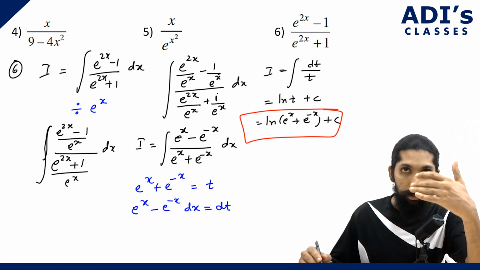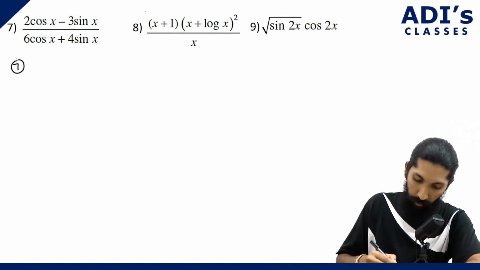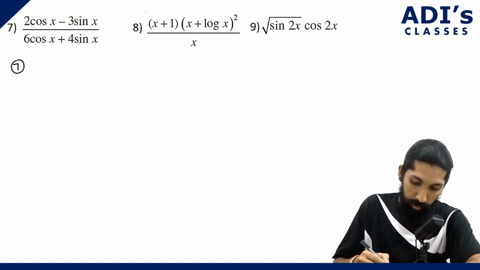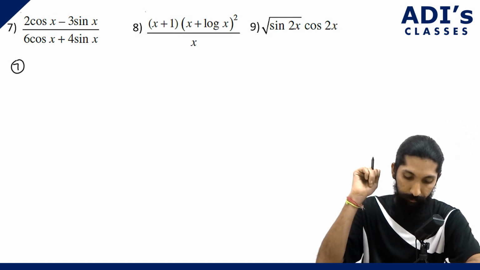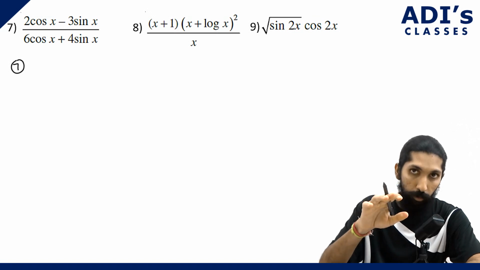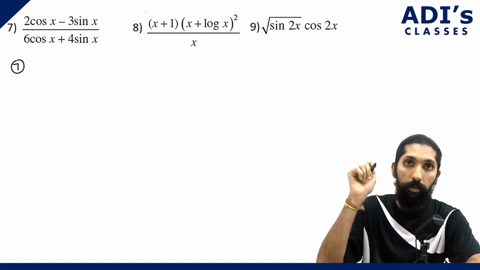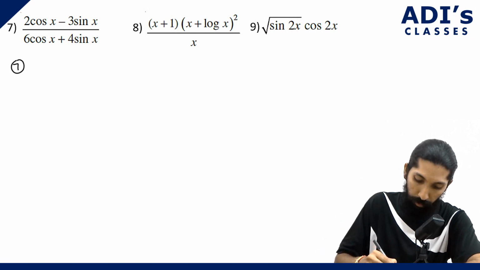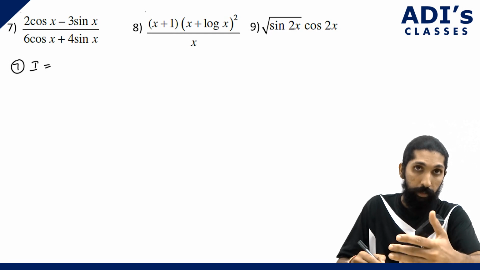Let's do the seventh one now. See the seventh one. See what you have: 2 cos x minus 3 sin x by 6 cos x plus 4 sin x. Right? If you notice in the denominator, you can take 2 common. Correct? So what you do, I is equal to the integral of, or take half common.